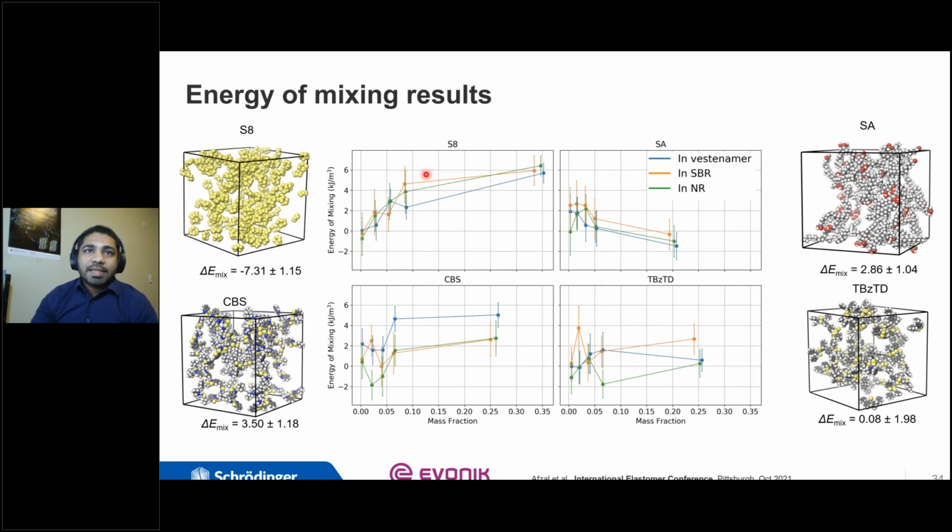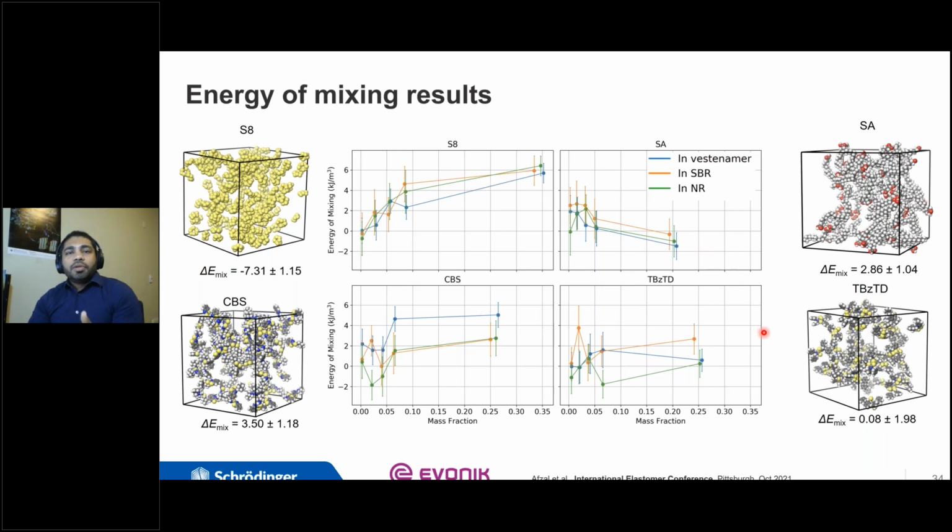For example, for S8 and CBS, we are seeing a continuous increase in the energy of mixing. That means the higher the concentration of this crosslinker, the more immiscible it's going to be, so it's going to be separating out. And for stearic acid and TBzTD, we don't see such a dependence.